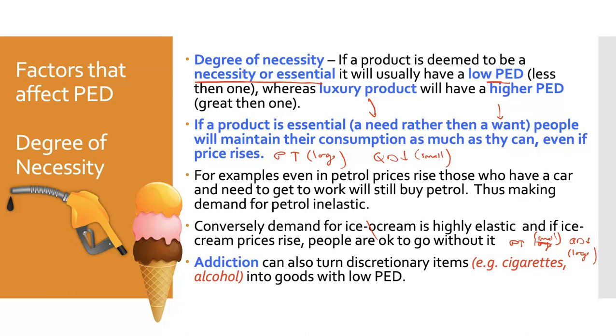Now, sometimes things that aren't necessary for some people will still have low price elasticity of demand because of addiction. So for example, cigarettes and alcohol, even as the prices have been going up, particularly cigarettes with taxes, people still buy it because even though it isn't essential for everyone, for those people it is, so they must buy it.